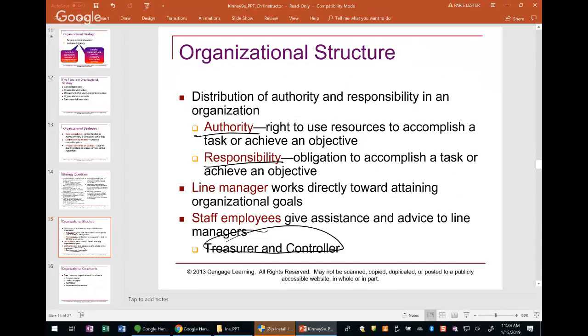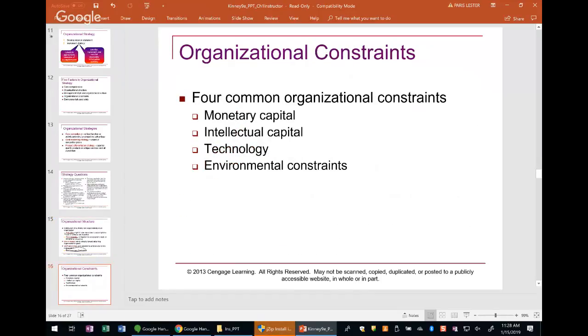But there's a lot of jobs out there in factories that need a controller, which you need cost accounting. Constraints, money is always a constraint. Capital, machinery, technology, and environmental. Companies have to keep up with technology too.